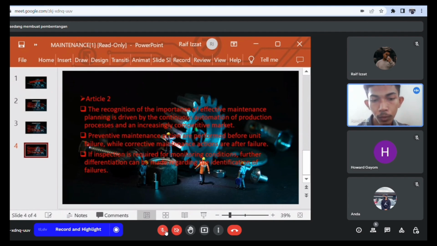Two types of condition monitoring can be distinguished: conditions that can be monitored continuously and conditions that are monitored by performing inspection. Last, if inspection is required for monitoring condition, a suggestion can be made regarding failure identification.